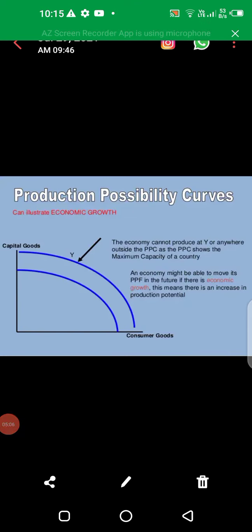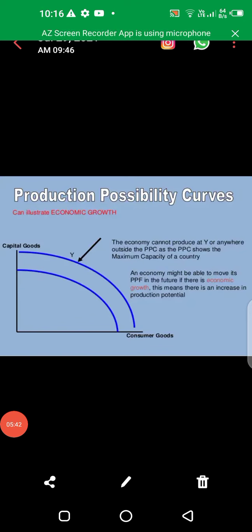In this diagram, the production possibility curve goes on increasing, showing the increased maximum capacity of a country to produce more goods on the y-axis and x-axis. The curve shifts from left to right. This situation shows an improvement in the PPC curve, or in the availability of resources and production as well.